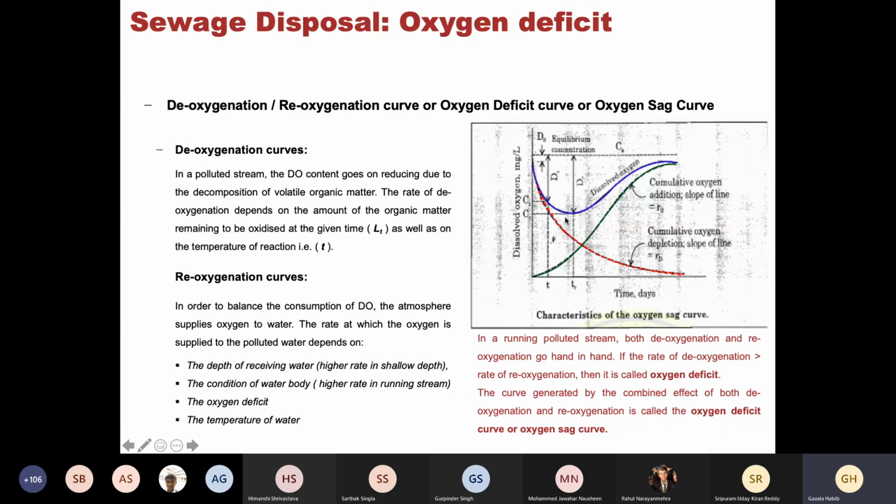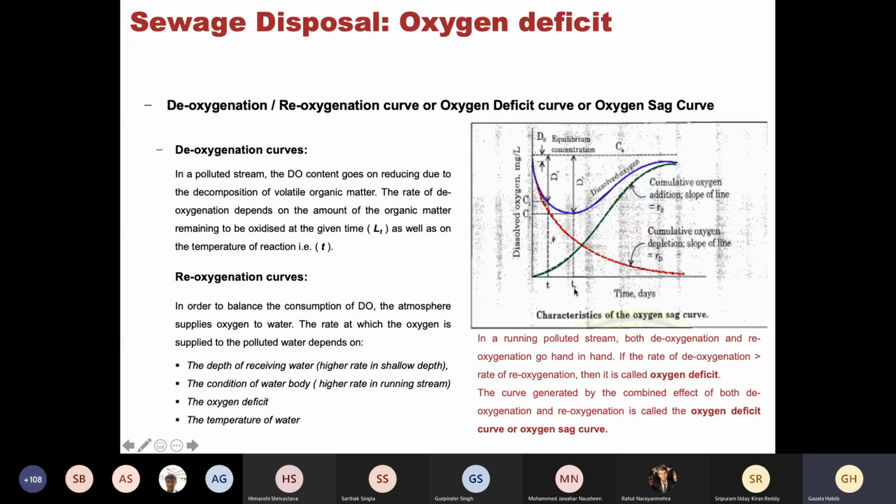And this point when deficit is maximum is known as the critical point. And TC means the day or the time corresponding to this critical dissolved oxygen concentration or oxygen deficit, known as TC, critical time.